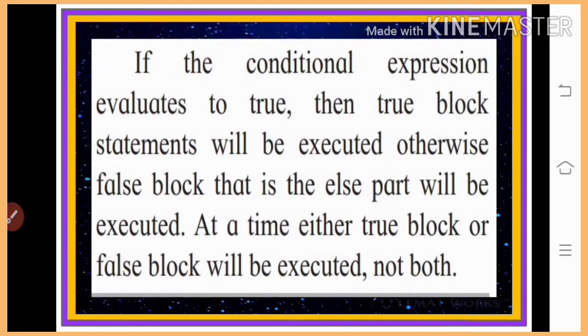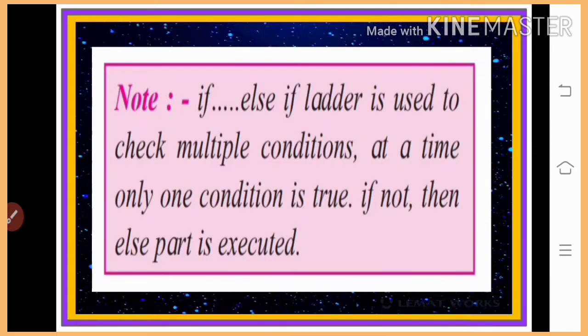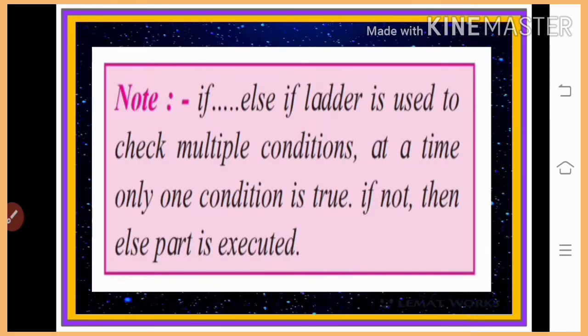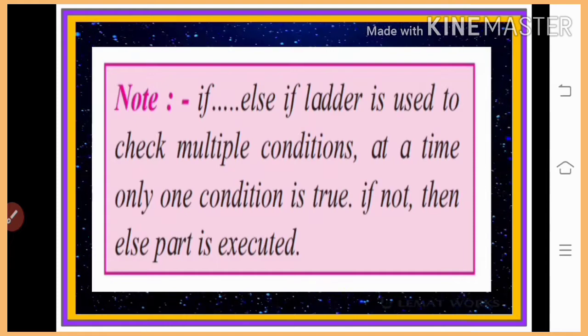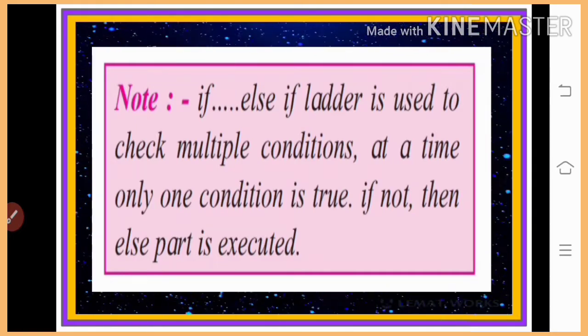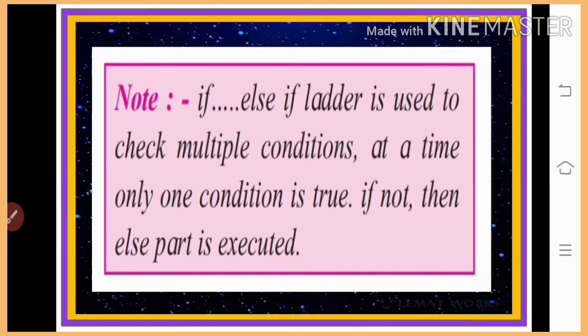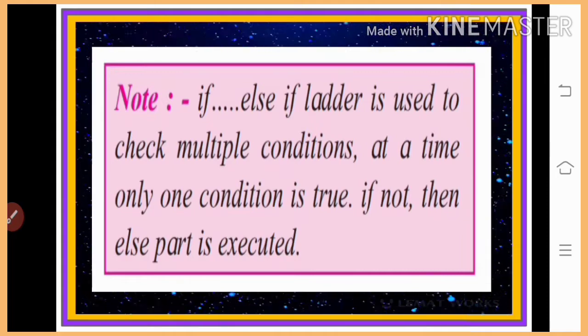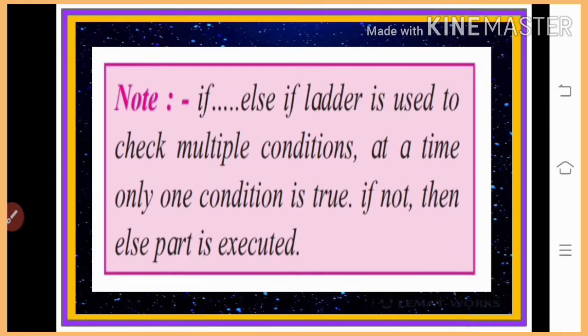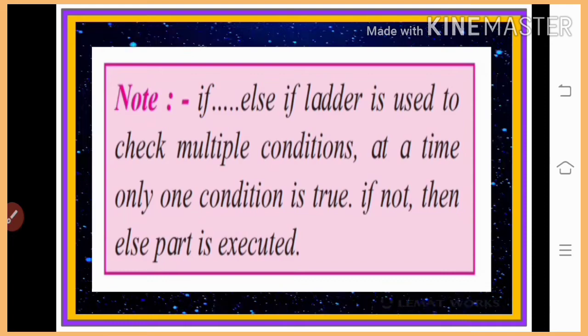At a time, either the true block or the false block will be executed, not both. Students, you can also use the if else if ladder to check multiple conditions. At a time, only one condition is true. If not, then the else part is executed.